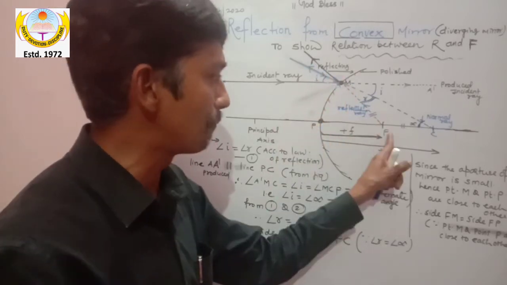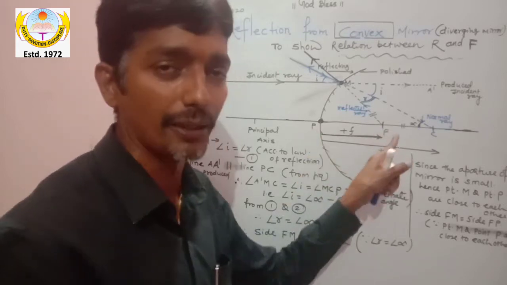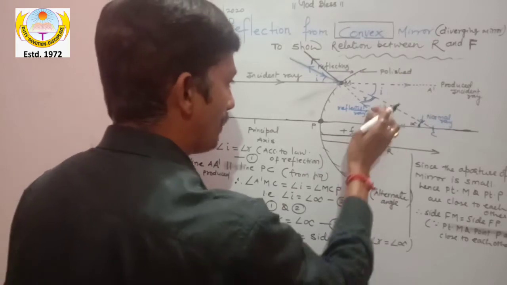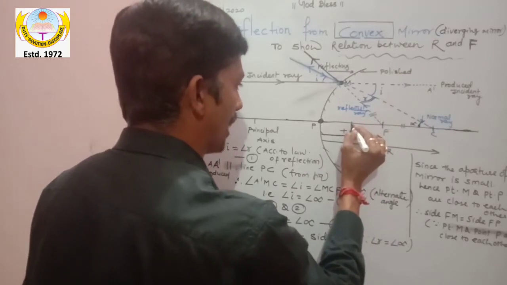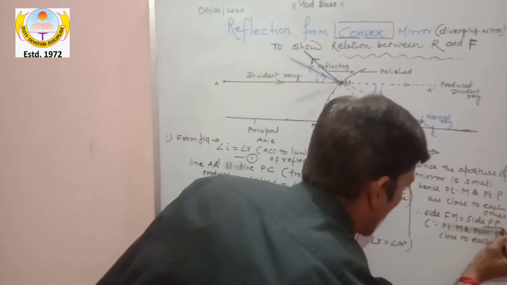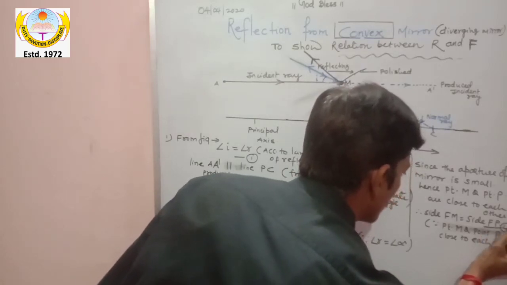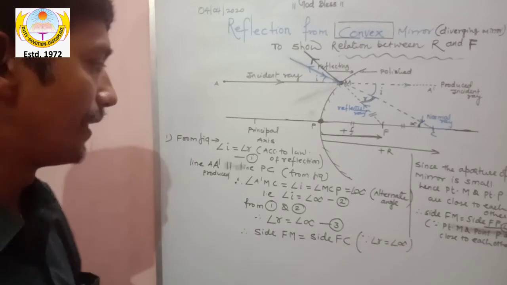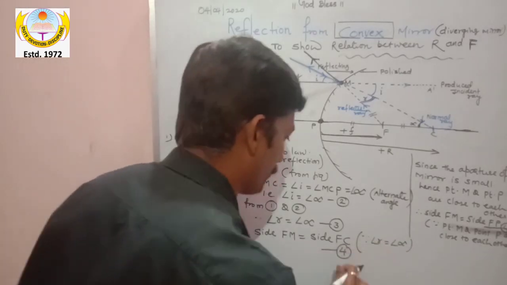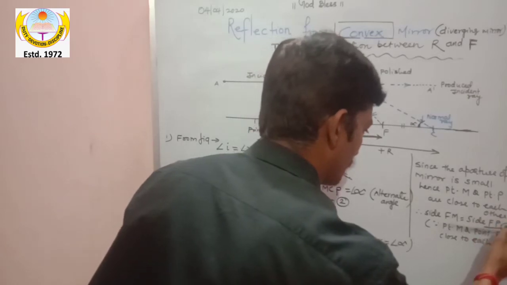So whether I measure F from M or from P, the answer is the same. So MF and PF are equal. Now I will put this as equation number 4, or sorry, 5, because this I have put as 4. Here I will write 5.